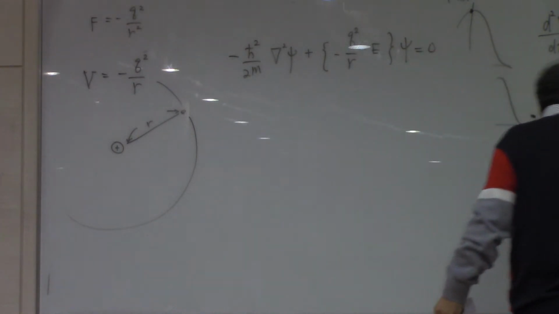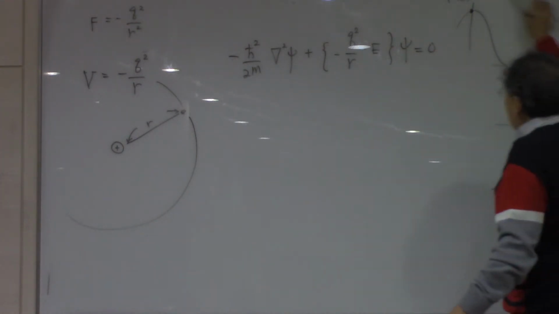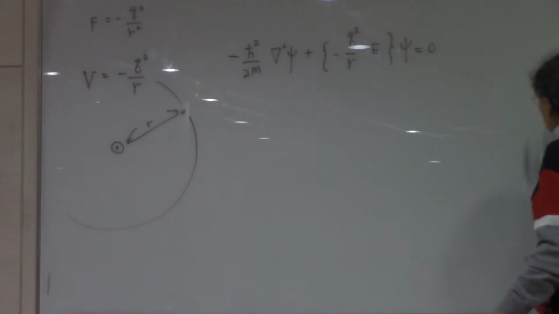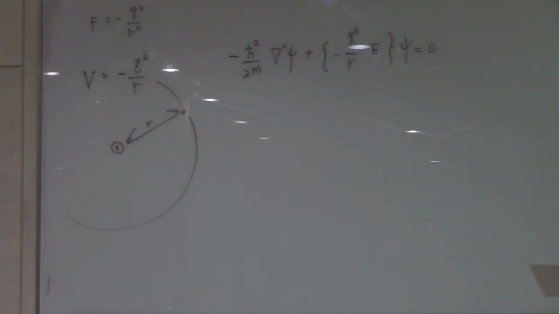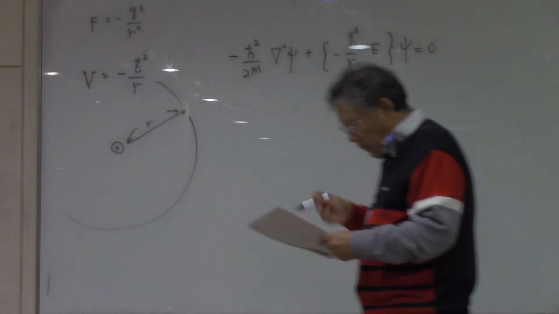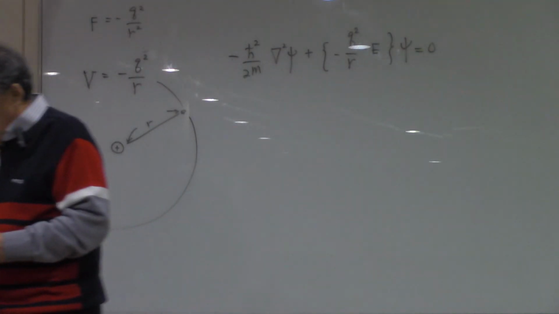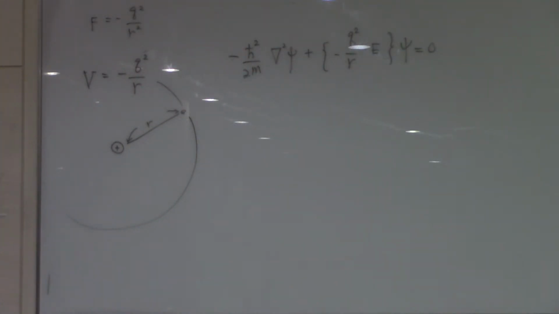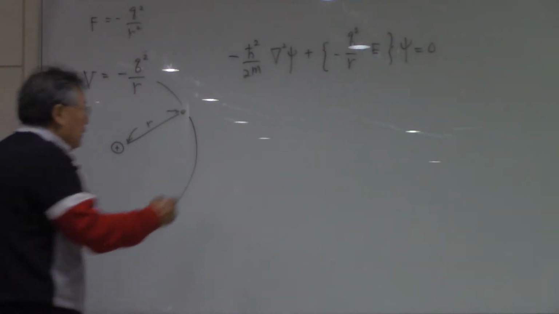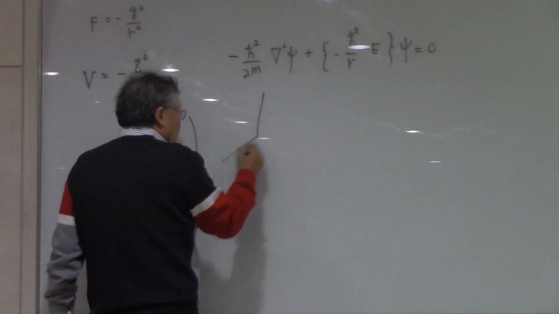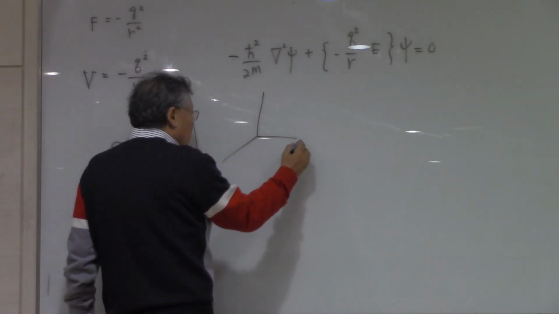That is going to be the Schrödinger equation. And as you can see, the Cartesian coordinate x, y, z is not convenient in this case.